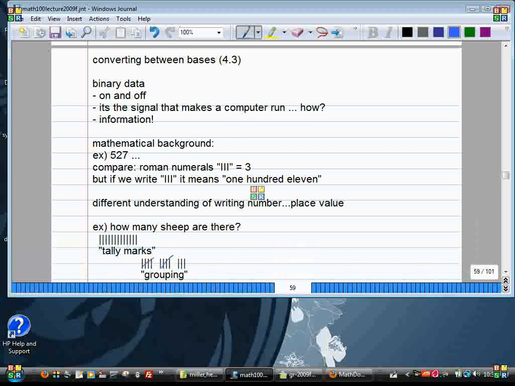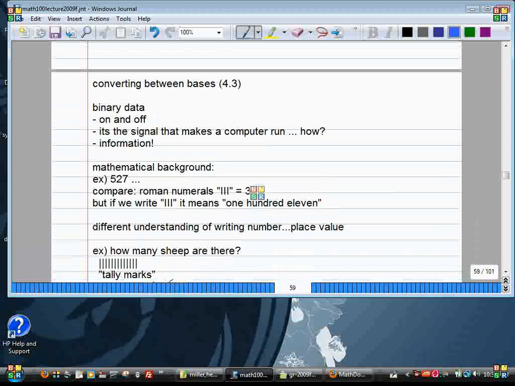So that's the thing. If all you have is tally marks, heaven forbid you have the number that we would now call 93. Heaven forbid you have 93 sheep. If you have all those tally marks, you might as well just have all those sheep there. It's hard to keep track of. So exactly what Hugo said, you need a better way to visually represent this data.